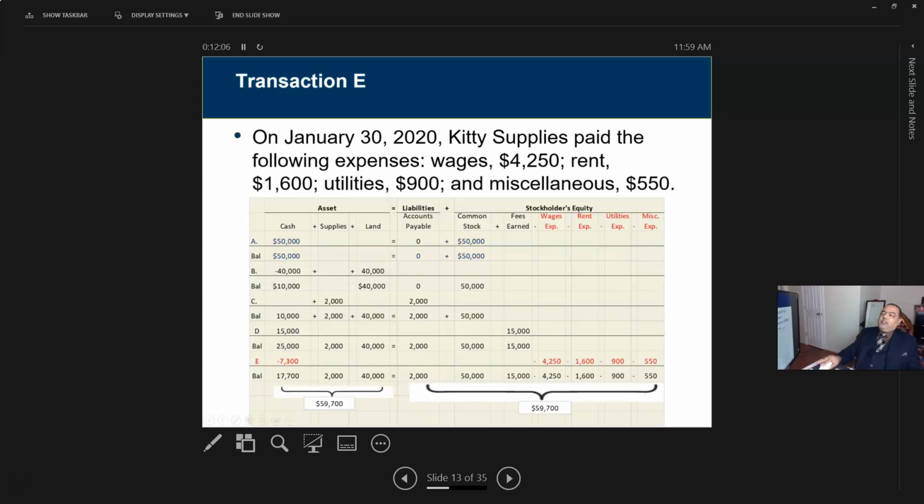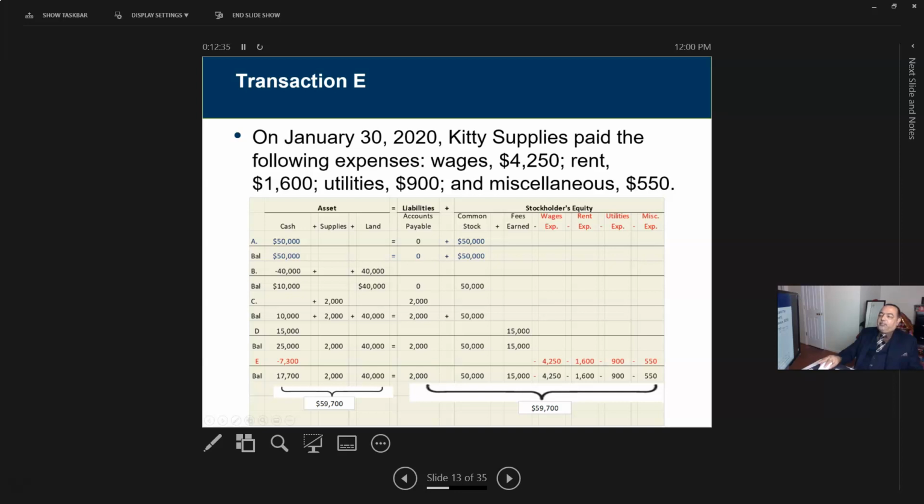So on January 30, 2020, Kitty Supplies paid the following expenses: wages, rent, utilities, and miscellaneous. So these expenses add up to 7,300. That's 4,250 plus 1,600 plus 900 plus 550. And these are reductions in the stockholders' equity. So that's why these are shown as deductions, minus amounts.